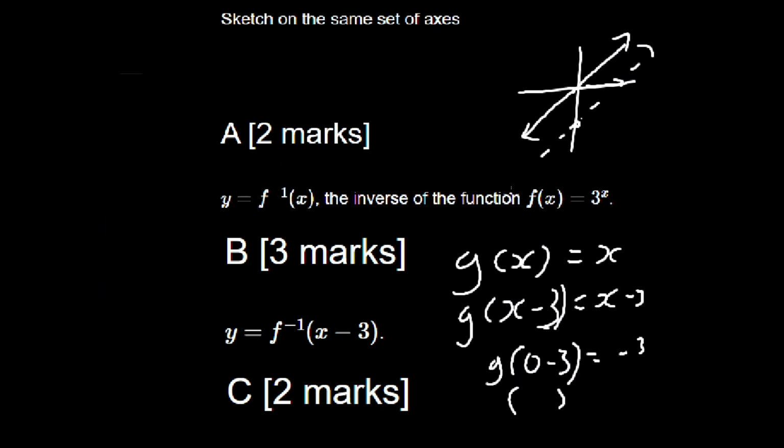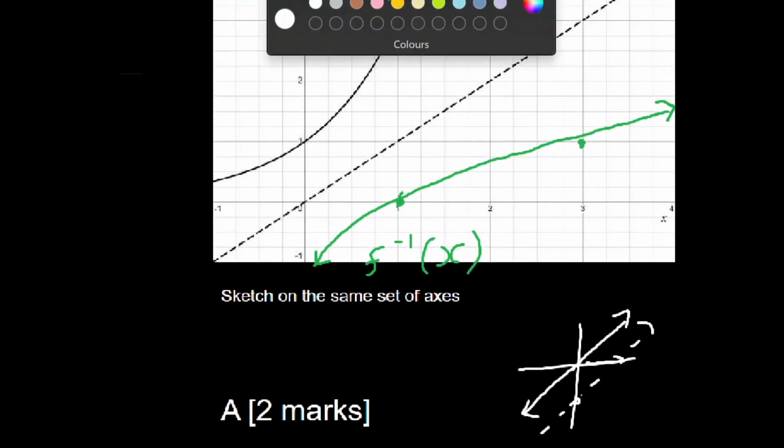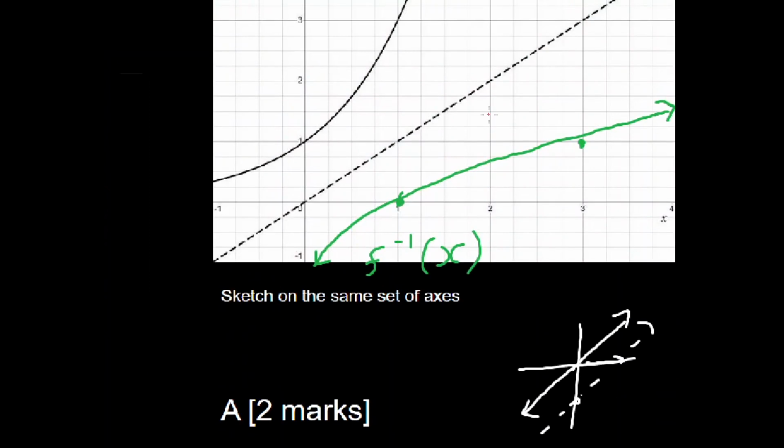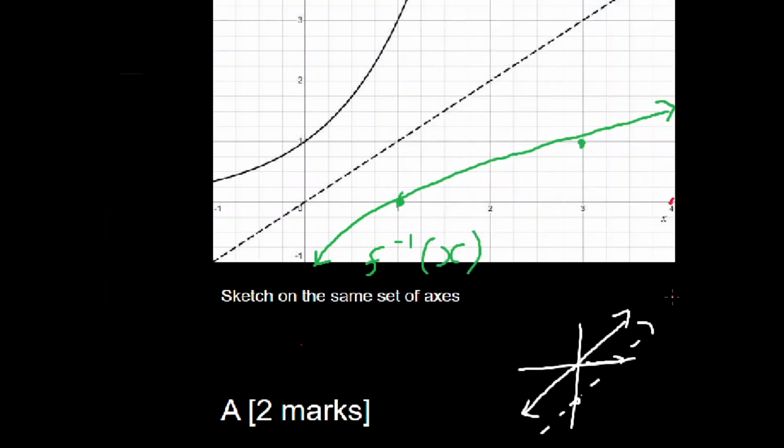So in this case, we're going to draw the exact same function as we did in green, but we're just going to move it 3 units to the right. Now I'm going to use my function in red. So this is going to be 1, 2, 3. And so really we're only going to be able to draw this little bit here.